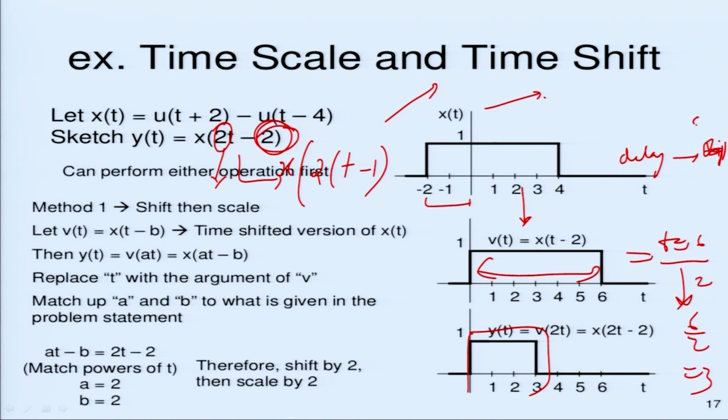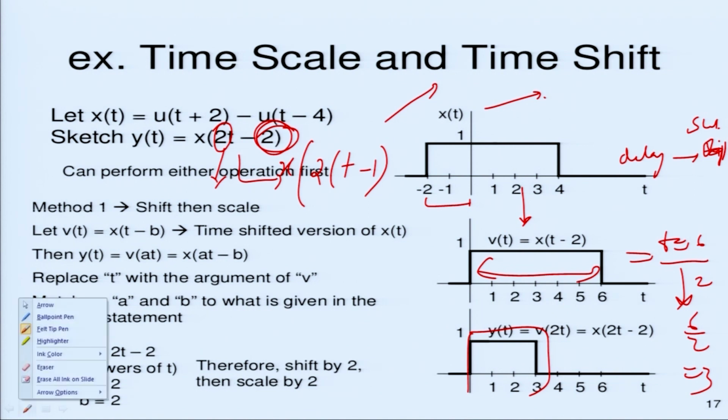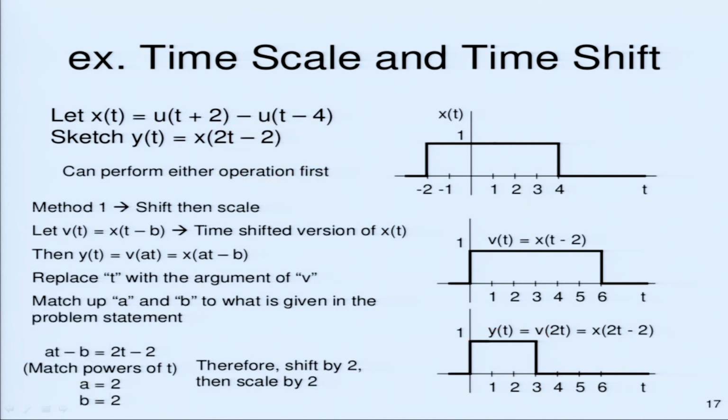But this was the method of delaying then scaling. Now suppose you want to scale first, then delay. So what will we do? See here, x(2t - 1). First you scale, or speed up.